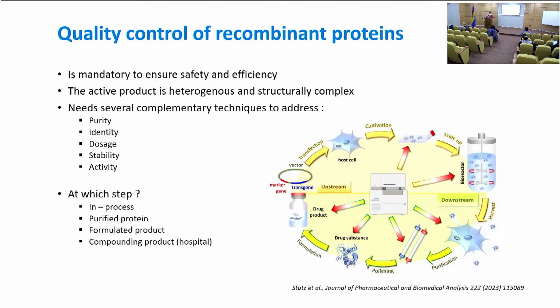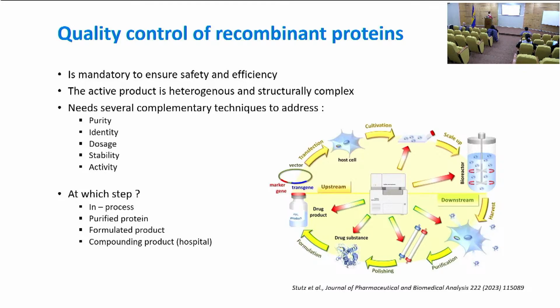As well, different methods such as dosage have to be done. We also have to ensure that the drug administered to the patient is stable, not degraded and not degradable, and also to check its biological activity in the case of a recombinant protein. At which step does this process have to be performed?